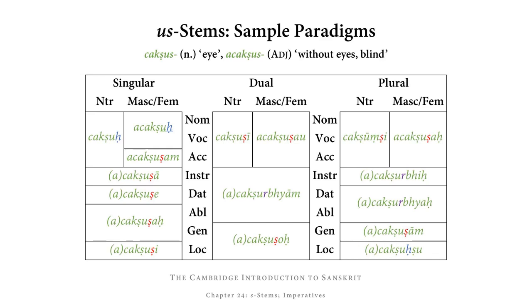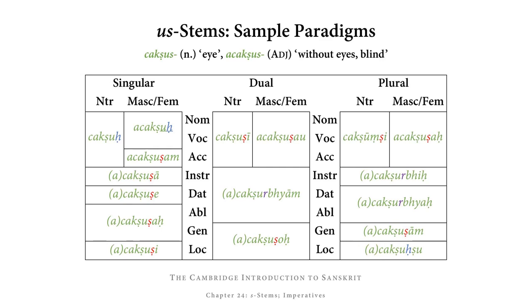In the instrumental, dative, ablative plural, we again have endings that begin with voiced consonants, and again in front of these voiced consonants, specifically in front of bh, us changes into ur, and so we have cakṣurbhiḥ, cakṣurbhyaḥ, cakṣurbhyaḥ.